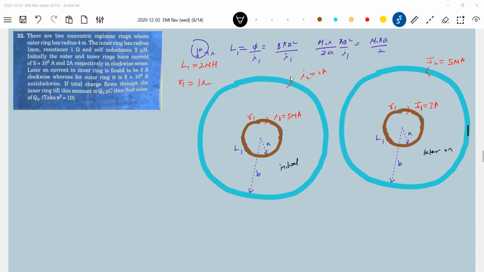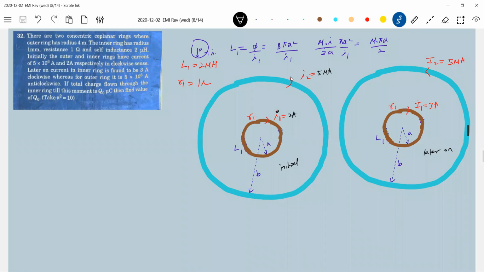Initially, the outer and inner rings have current 2 ampere. Okay, yeah, good, this correction we need. Five into 10 power 6. Answer? Current, sir. That I2 is I2.